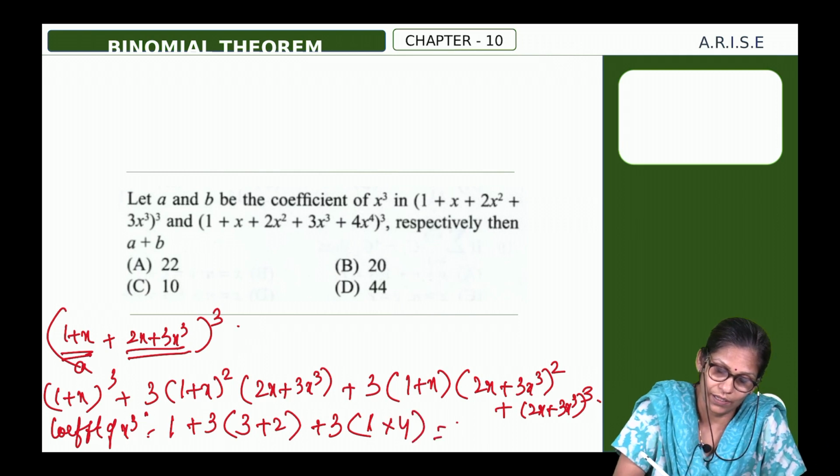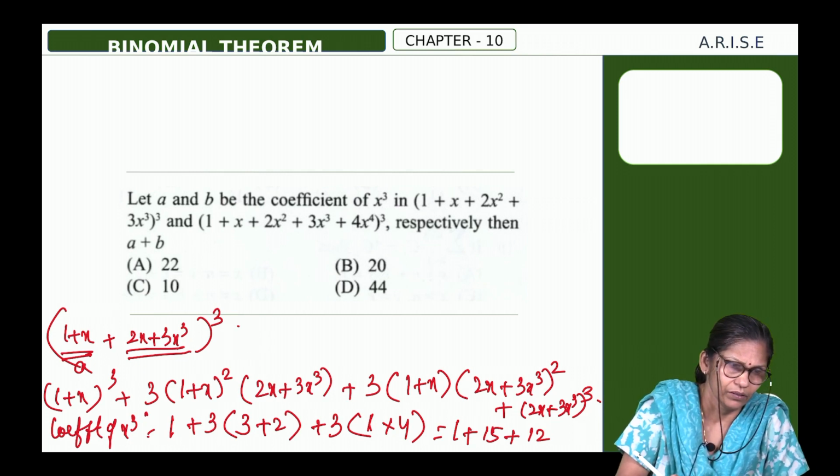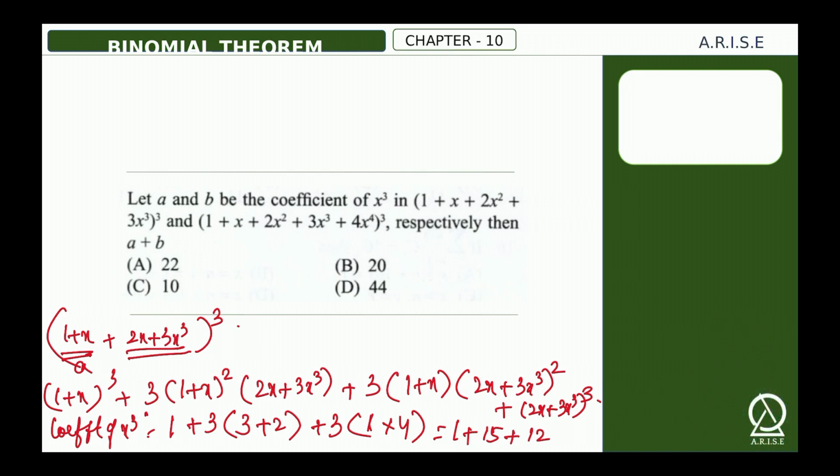So, what is your answer? 1 plus 5 into 3, that is 15, plus 12, that is 20. So, what is this? 22. 1 plus 3 into 2 plus 3 into 20.